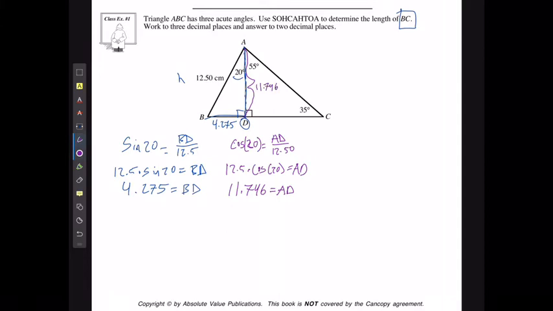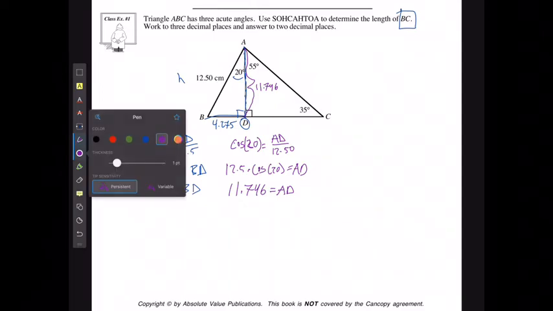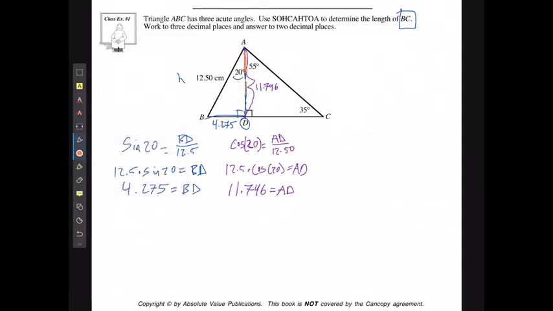And now that I know that this length is 11.746, now for this triangle, I have the adjacent, and I can solve for what the opposite is, or that length of D to C, which means that I can say that tan of 55 degrees is going to equal the opposite, which I'm solving, DC, divided by the adjacent, which is going to be 11.746.